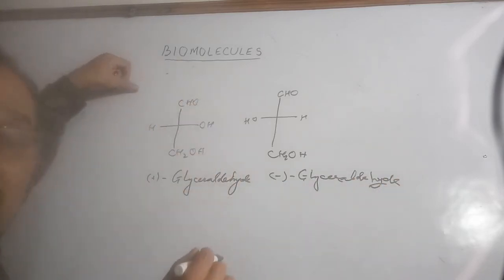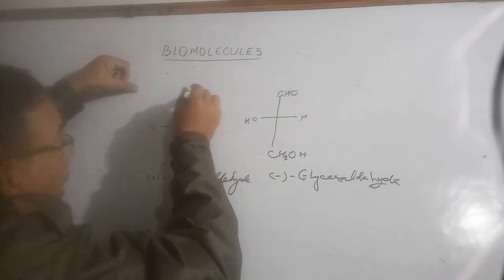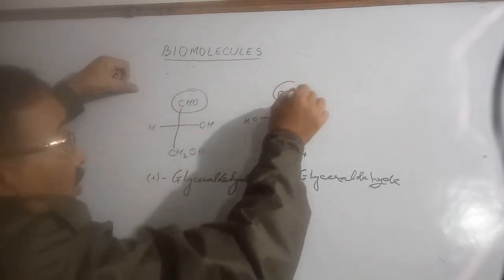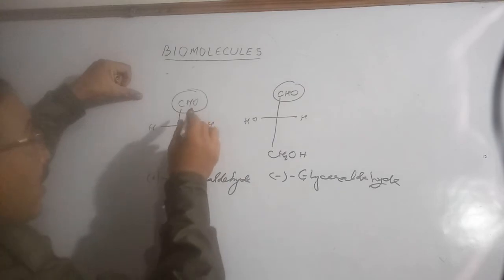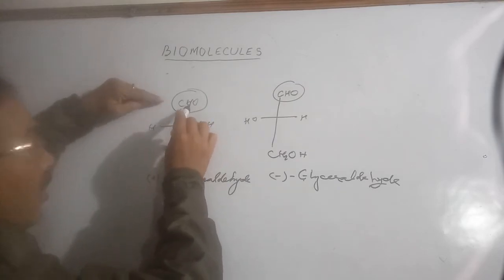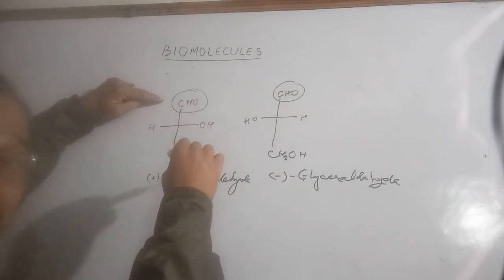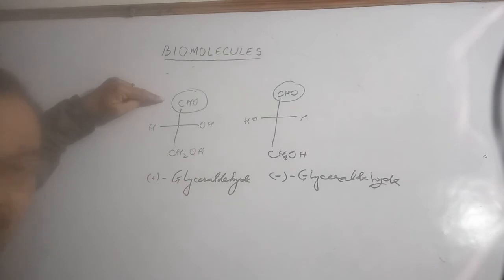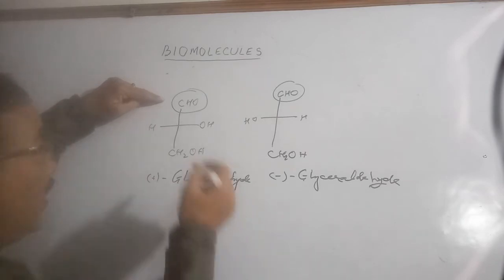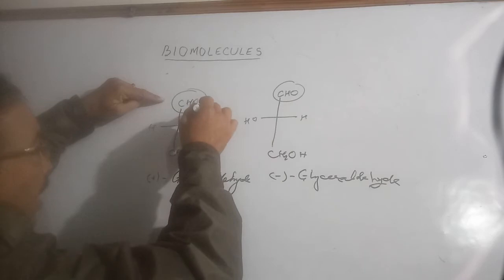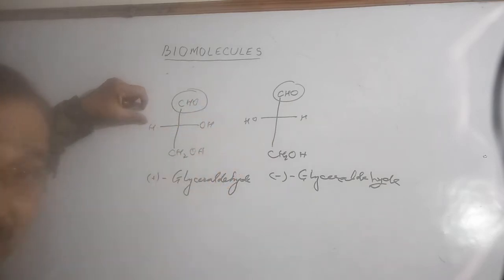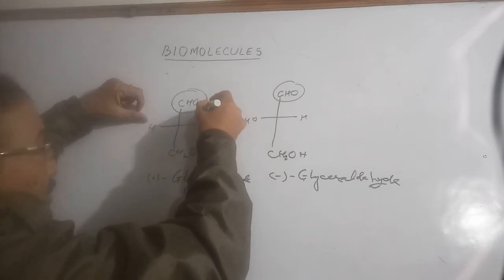The most oxidized form of carbon is at the top, the aldehyde group. When we go from the most oxidized form to the next senior group, that is hydrogen and OH. Of these two, which one is superior? OH.